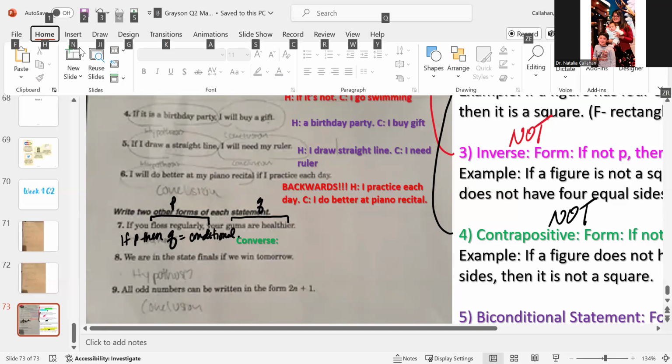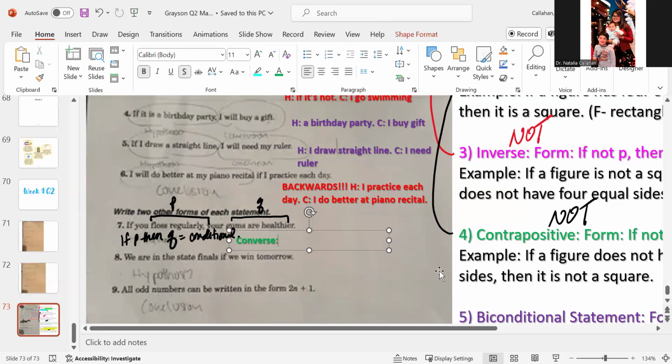What is your converse statement going to be? You've got to memorize this. So how would you write it? If hypothesis then conclusion. If my gums are healthy, then I need to floss regularly.